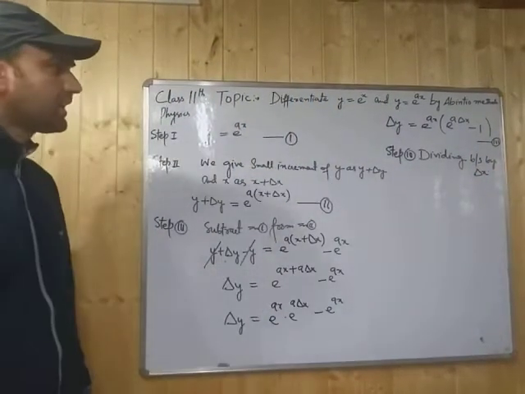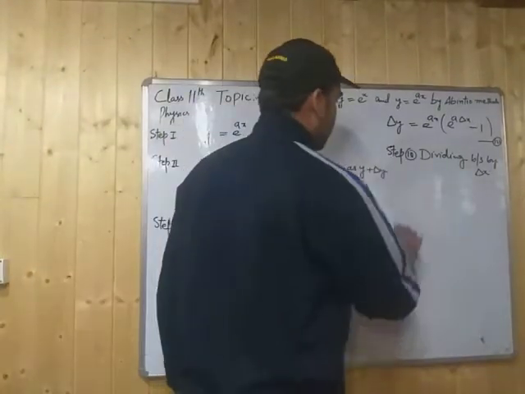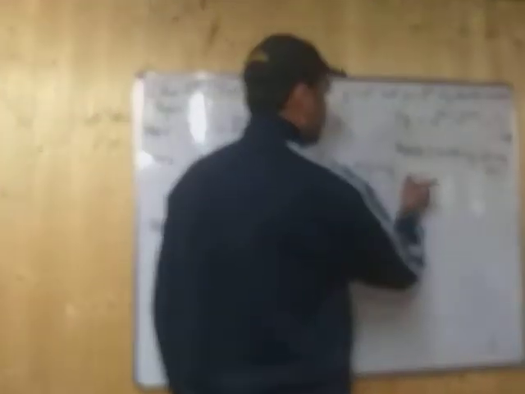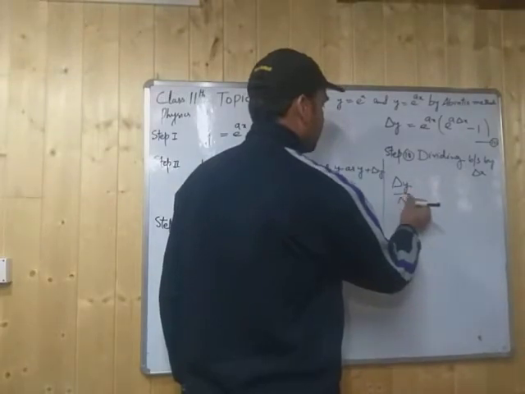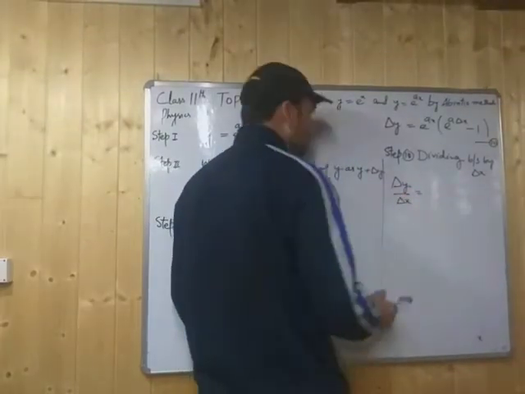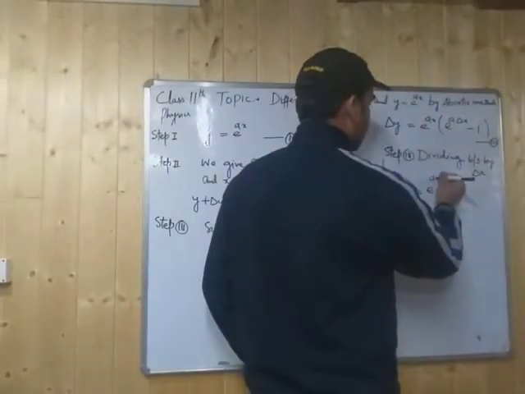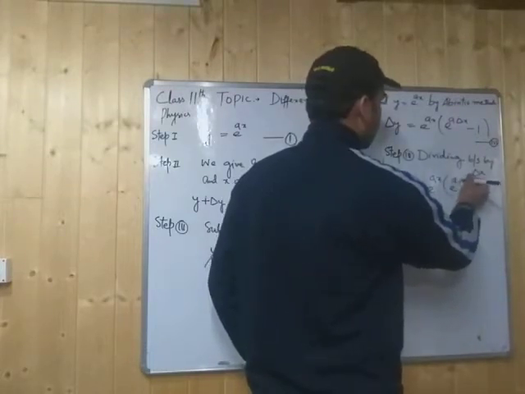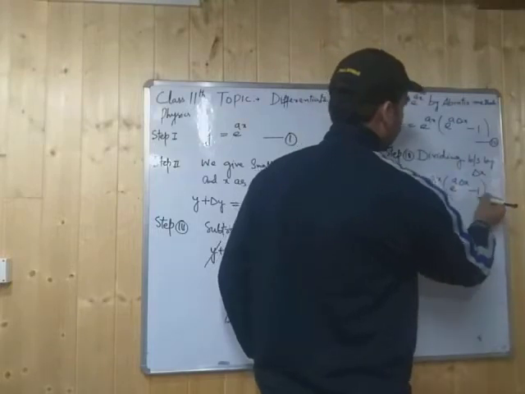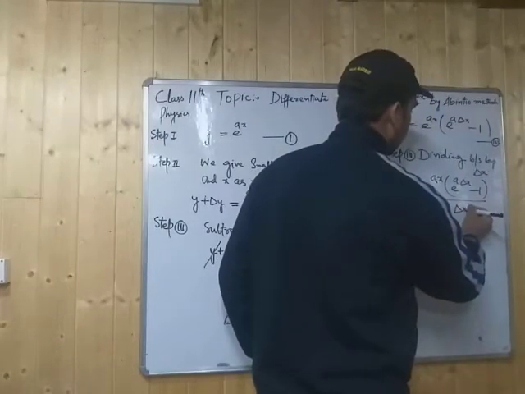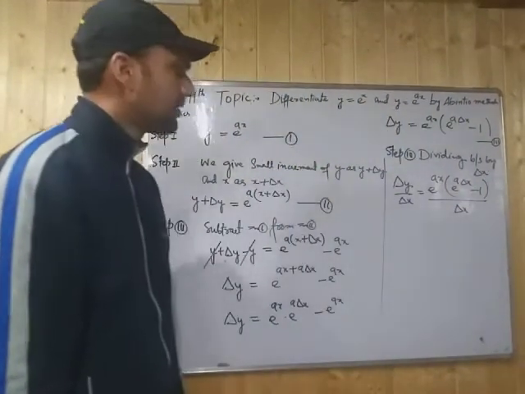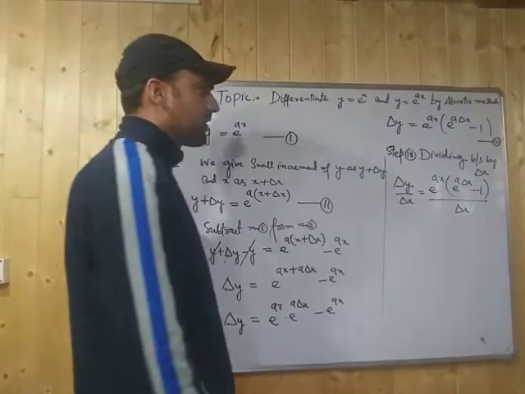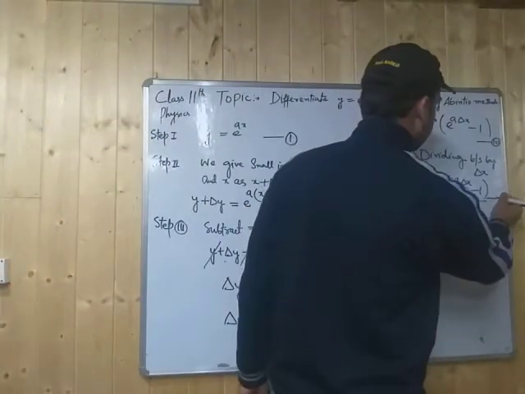We'll write here del y divided by del x is equal to e raised to power ax into e raised to power a del of x minus 1 divided by del of x. So this is the fourth equation.